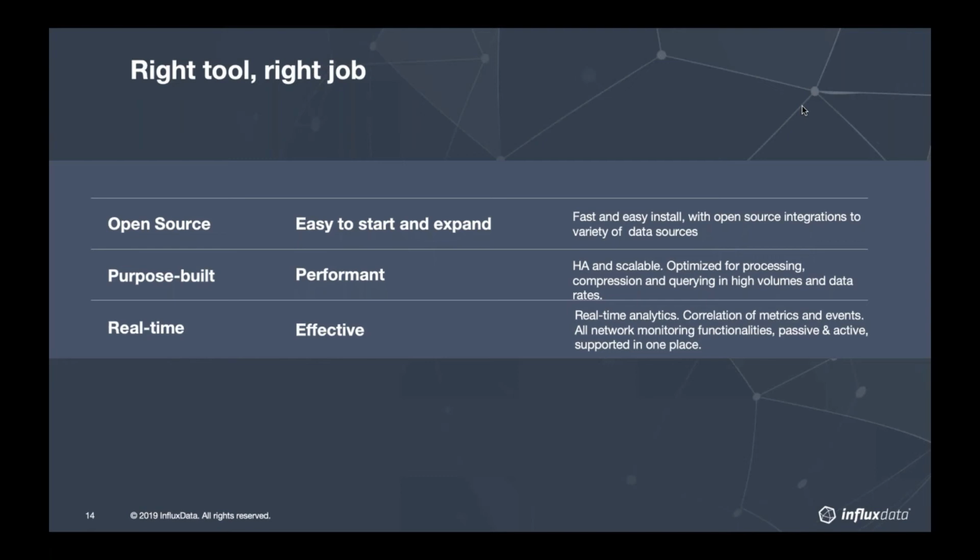The specialist needs to be performant, optimized for processing, compressing, and querying the data in high volume in real time, so you can be effective in what you do. It also needs to be able to ingest and deal with all sorts of data that is made available for you in order to do your job. So it needs to be able to correlate data to guide you through the resolution as well. So it's not just alerting you that something is wrong, but guiding you through making things better.